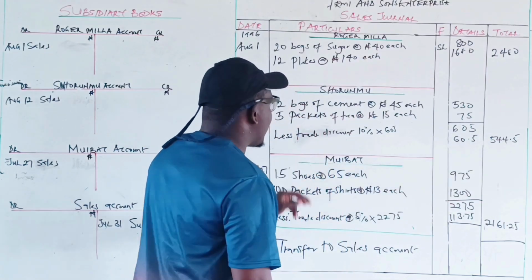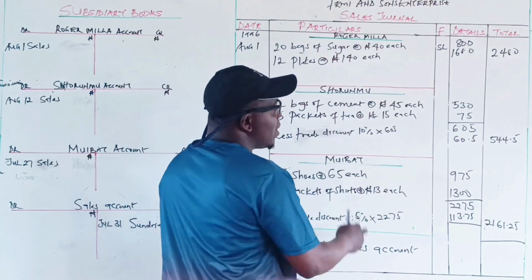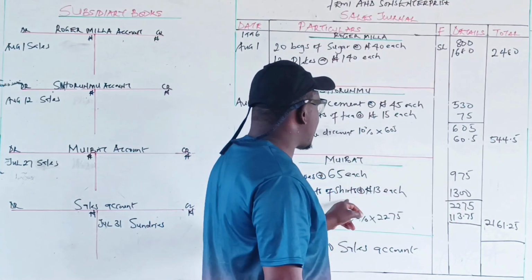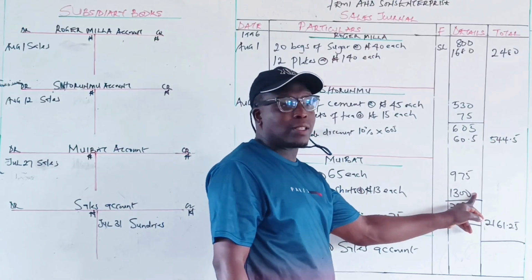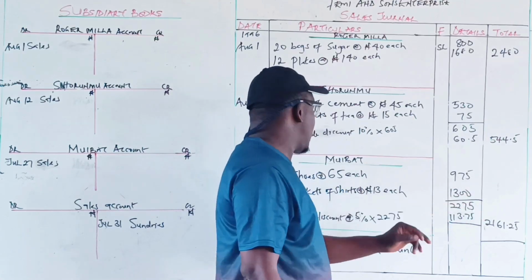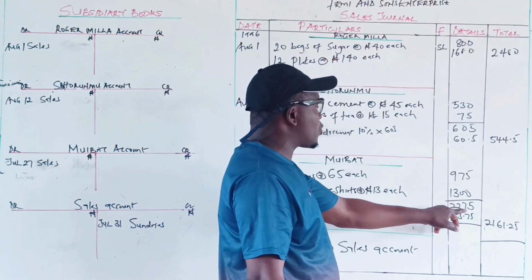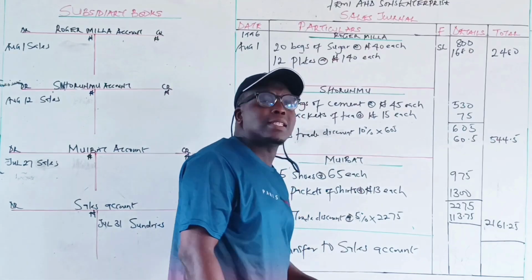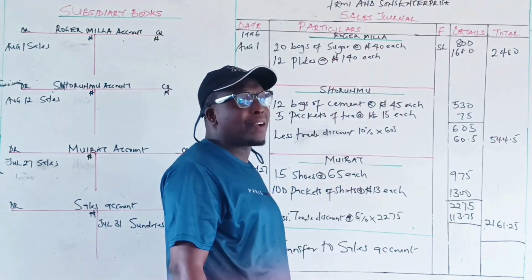So for Moibas, we also have 15 shoes at 65 naira, which give us 975, and 100 packs of shirts at 13 naira each, which give us 1,300. So totally together we have 2,275 naira. So let's take the trade discount of 5% from the 2,275 naira.